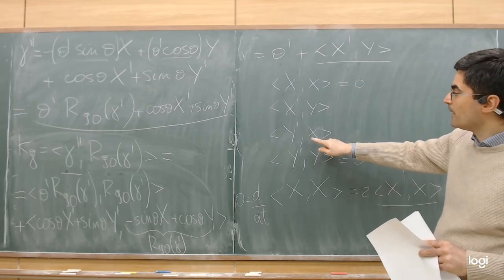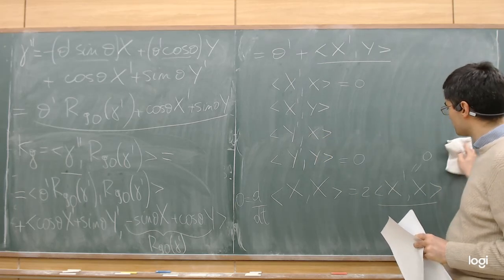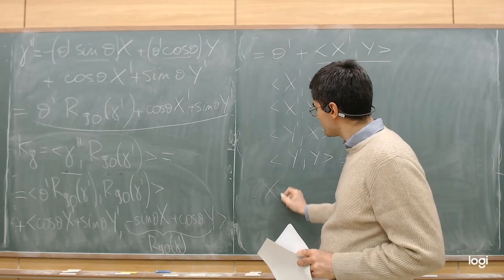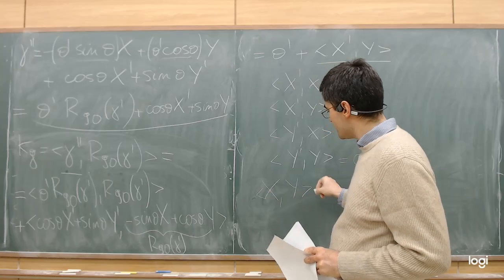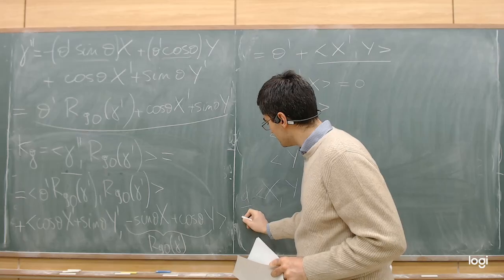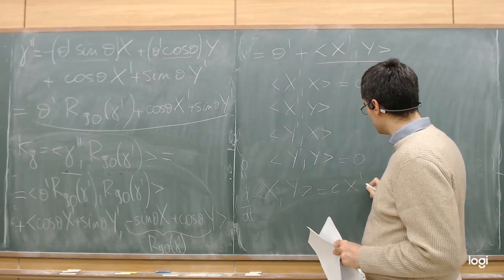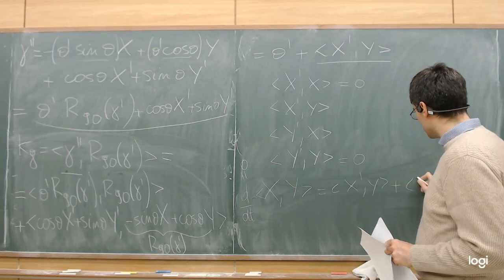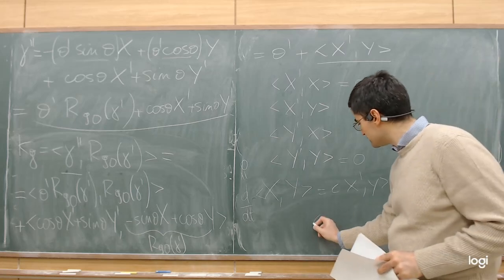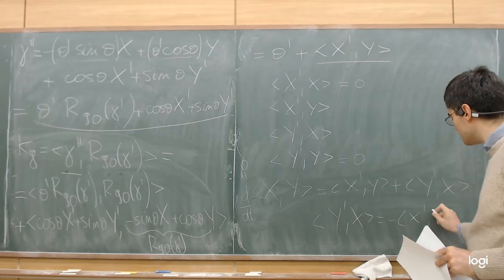And what about this term here? You use the fact that x, y is 0 because these two vectors are orthogonal. Consequently, also this is 0. But this is x prime y plus y prime x. And this means that y prime x is minus x prime y.